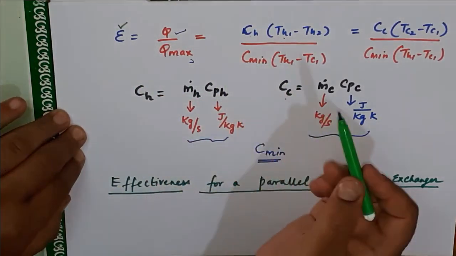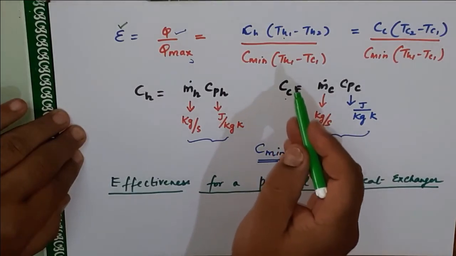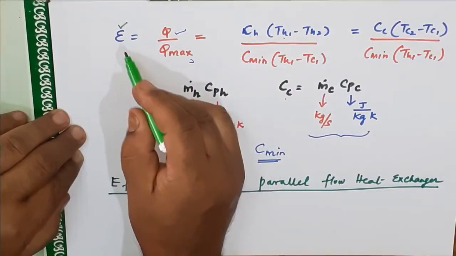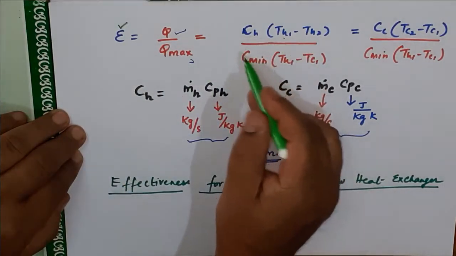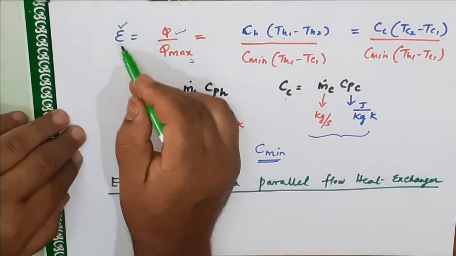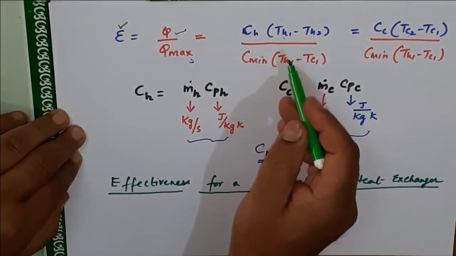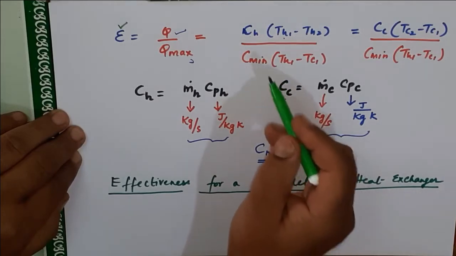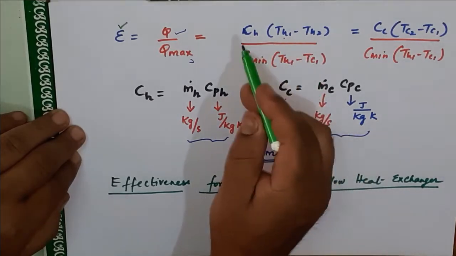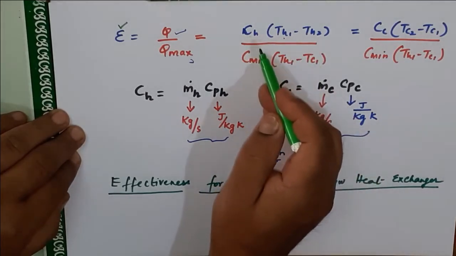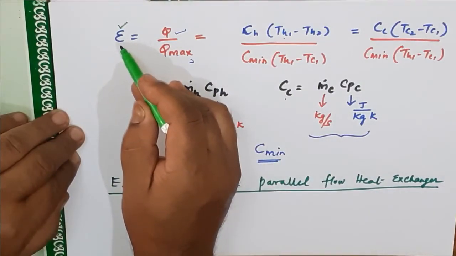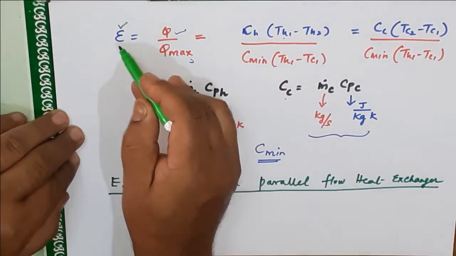We have already discussed non-dimensional groups in convection. To understand the effect of these factors on effectiveness, you have to represent them in a graph or chart as a function of effectiveness, and then you can study it.